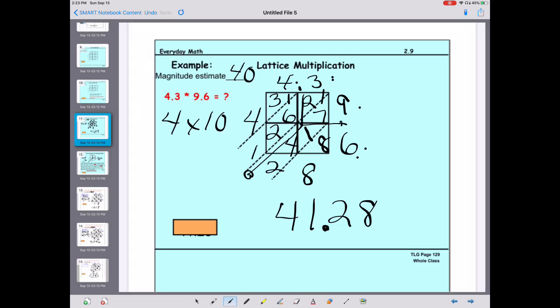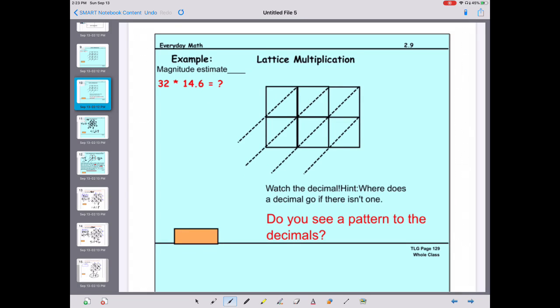Let's do another one. So they've got the box long this way, so we're going to write 14.6. And they've got 32 here with no decimal. So 32 is close to 30. 14 is close to, are we going to do 10 or 20?